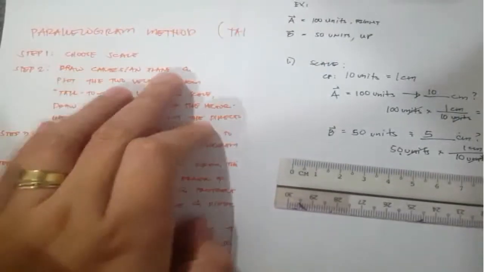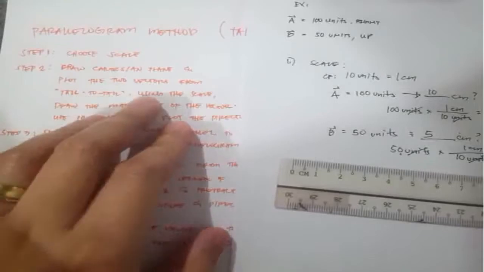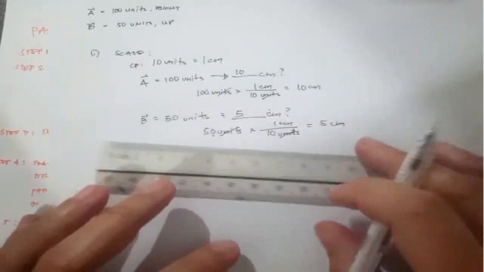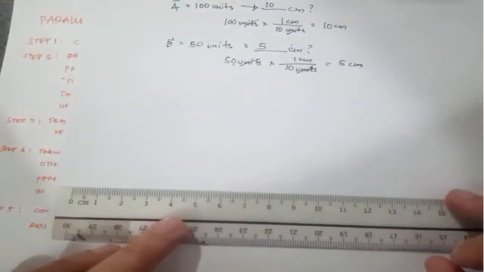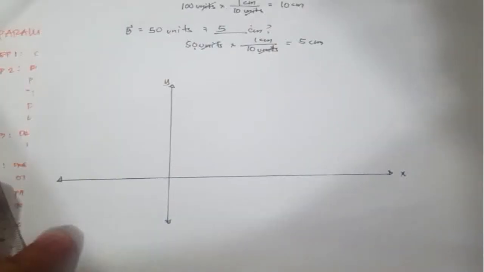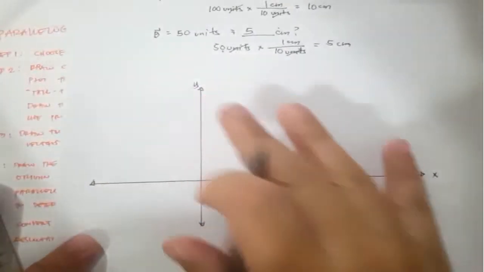Step 2: draw a Cartesian plane and plot the two vectors from tail to tail. So let's draw the Cartesian plane, our x and y coordinates. For example, this is our Cartesian plane, the x and y plane.